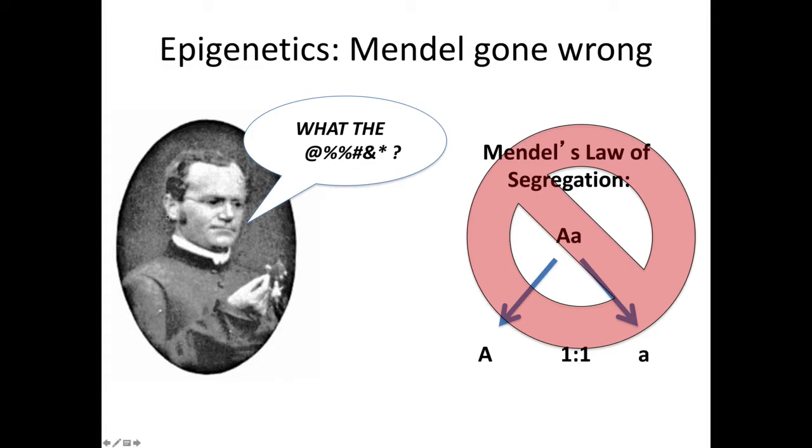Mendel's law of segregation suggests that if you're big A, little a, big A gametes are transmitted to one half the progeny and little a gametes are transmitted to the other half. And one thing we've been saying throughout this class is that it doesn't matter which alleles you collect from your mom or your dad.